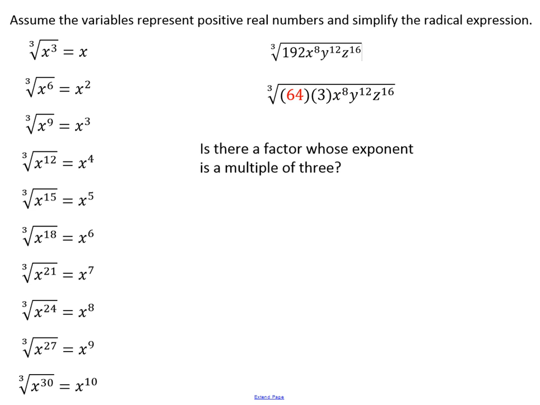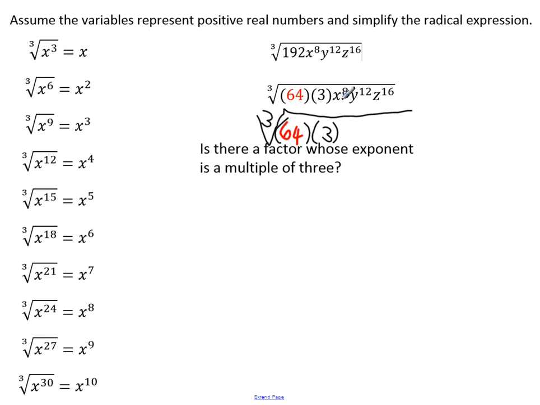So let's go ahead and take a look here. We're still going to have this cube root of 64 times 3. We're still going to have all of that. But now let's take a look at the x.